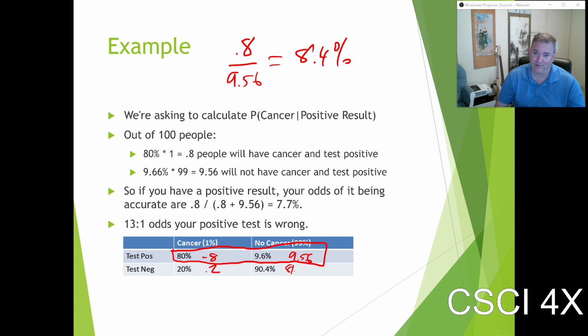You're going to freak out, you're going to panic, you're going to sell off all your stuff and go live in a monastery and start eating kale smoothies and stuff. But even after you get a positive test result from a test that's 80 to 90% accurate, you actually only have an 8.4% chance of having cancer. Now, it went up, right?